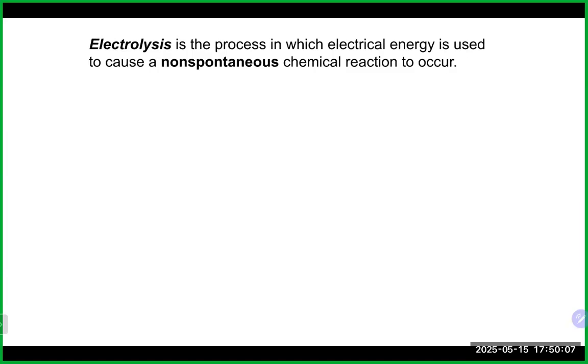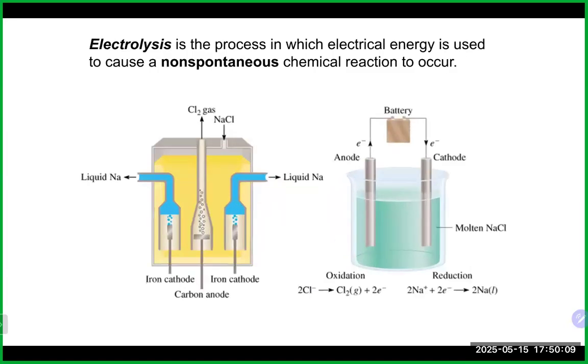All right, then let us talk about the last thing in this chapter, which is electrolysis. Electrolysis is the process where we apply an external current of energy, and that causes a non-spontaneous process to occur. So for example, if you take some sodium chloride and you heat it, you could heat the heck out of it and it really will not break apart.